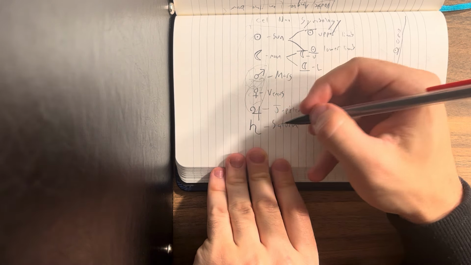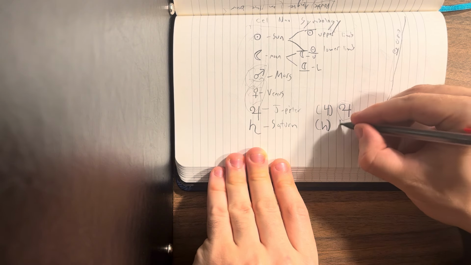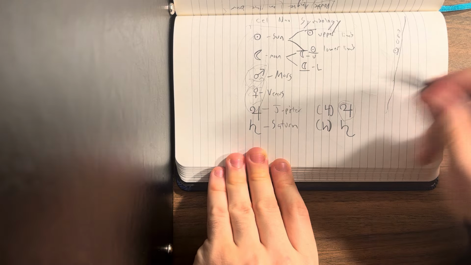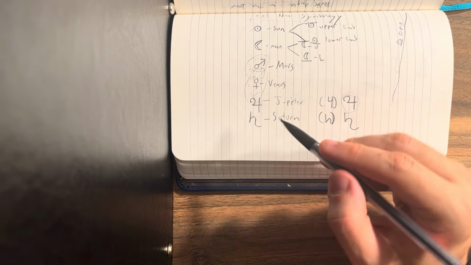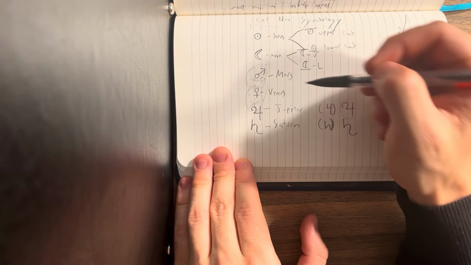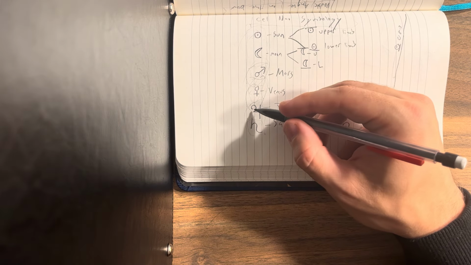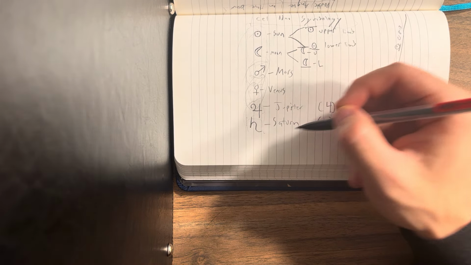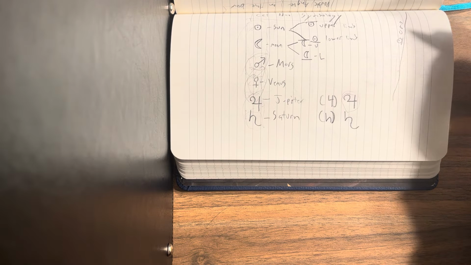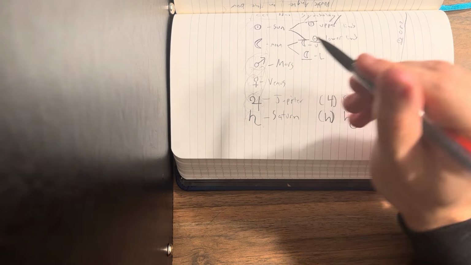Imagine an H with a loopy thing at the bottom here. These are really the only two that are going to trip you up. Everything else is pretty easy to understand. But if ever you see this or this, just know that the loopy 4 is Jupiter and the loopy H is Saturn. I should think of some kind of mnemonic to remind you of that, but ultimately, it's just two symbols you need to memorize. Otherwise, they're all pretty easy.